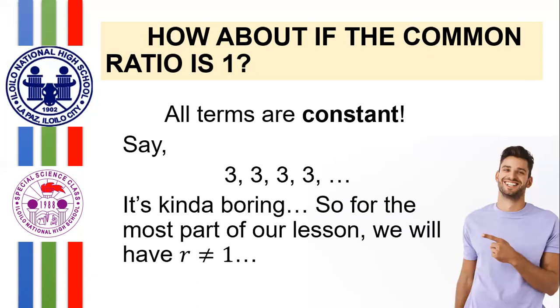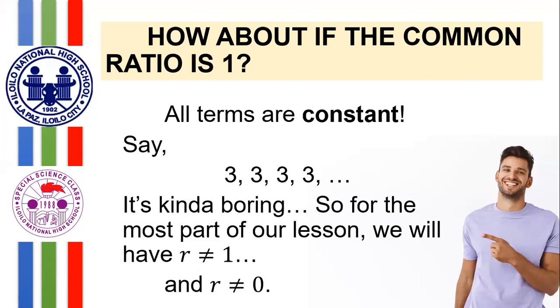But remember, it's kind of boring if all the terms are the same. So for most part of our lesson, we will have our common ratio not equal to 1. And of course, we will also have our common ratio not equal to 0. Because if our common ratio is 0, then all the terms, especially the succeeding terms, would be 0.